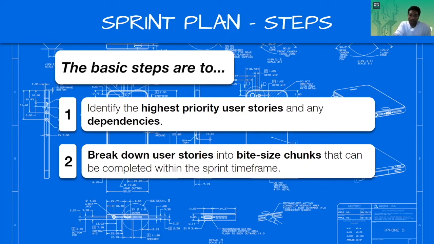And break down user stories into bite-sized chunks that can be completed within the sprint timeframe. Like I say, have your tasks broken down into very, very small sections, so that you can easily keep track and say, by today or the end of the week, we're supposed to have this done.